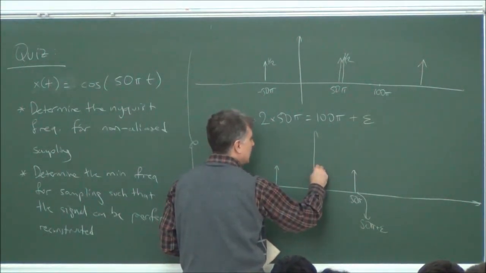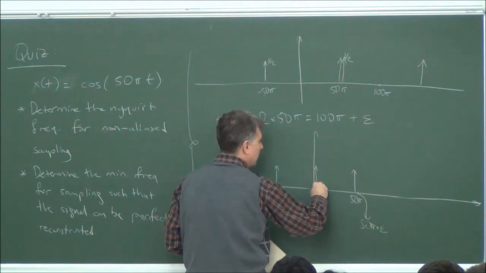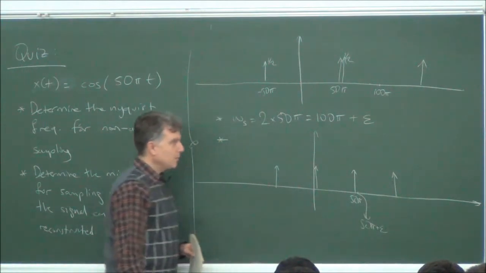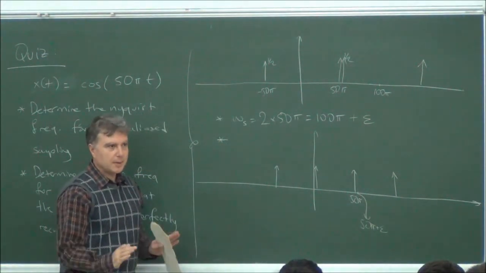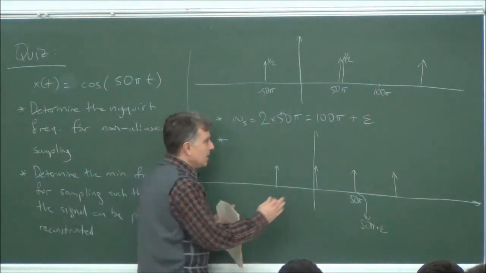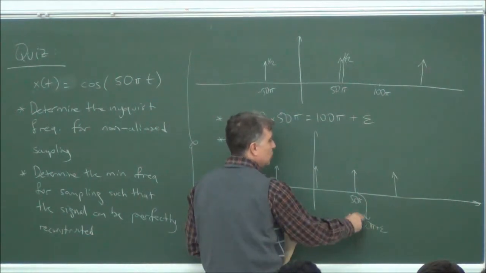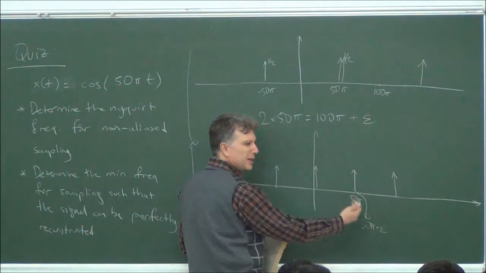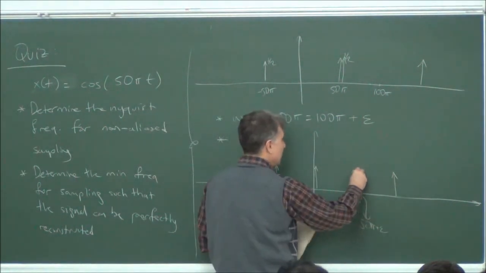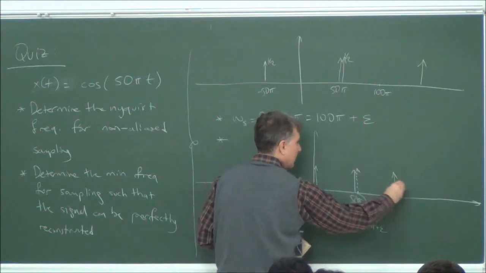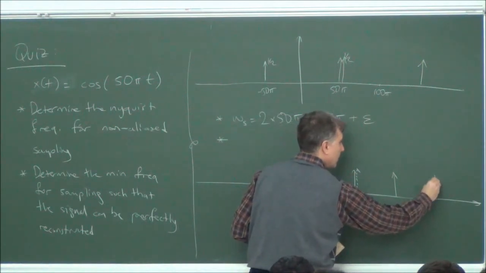They will be like these two impulses, green impulses. And further repeating to the right at twice this 50 pi plus epsilon, it will be like this.